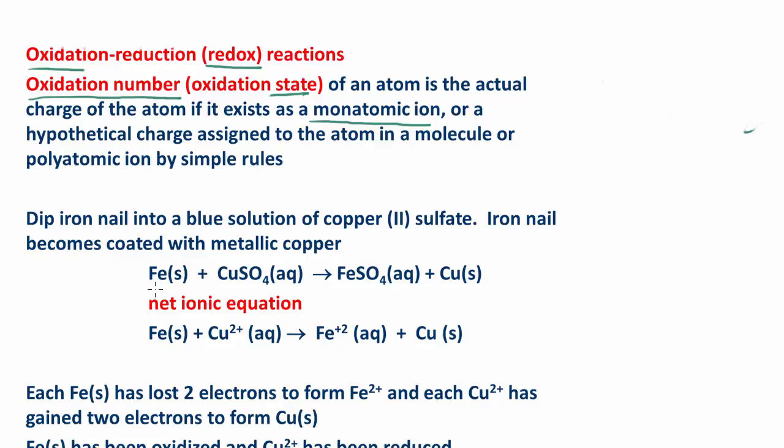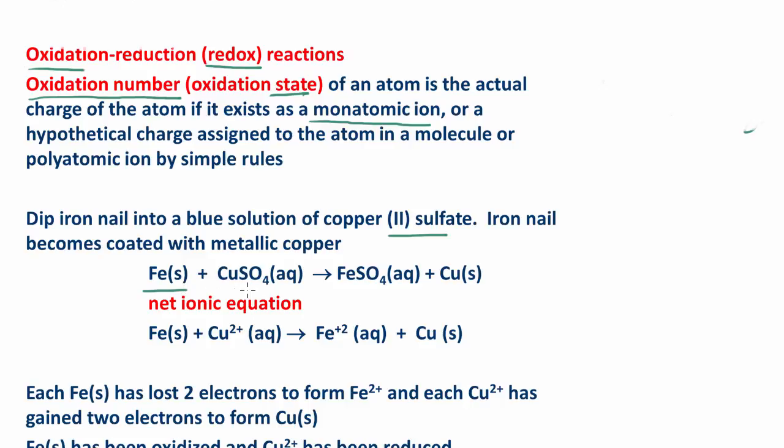So let's take a look at this reaction here. We dip an iron nail into a blue solution of copper 2 sulfate. What'll happen is, over time, the iron nail will become coated with metallic copper. And this is the reaction right here.